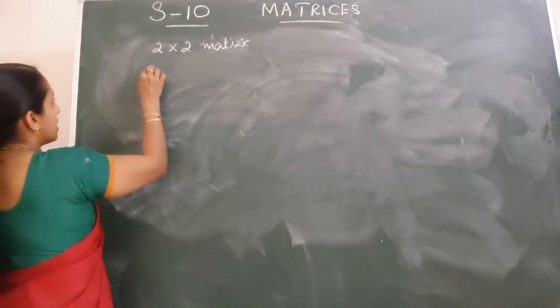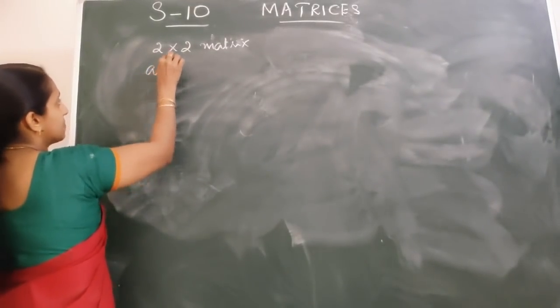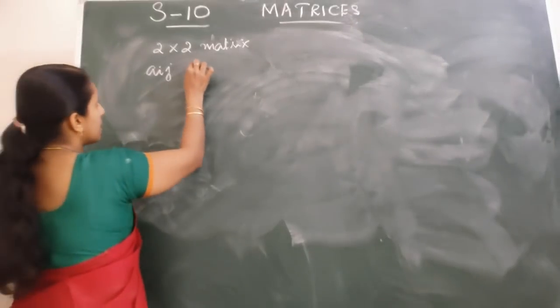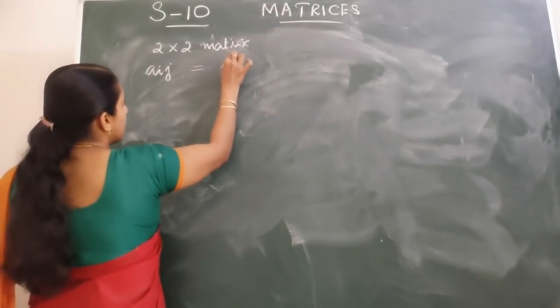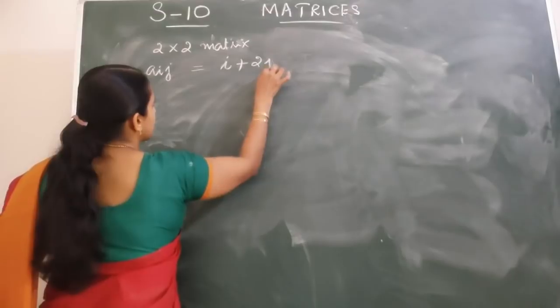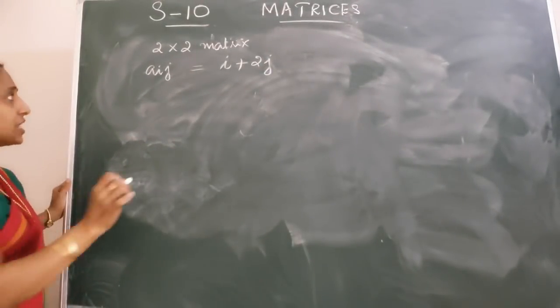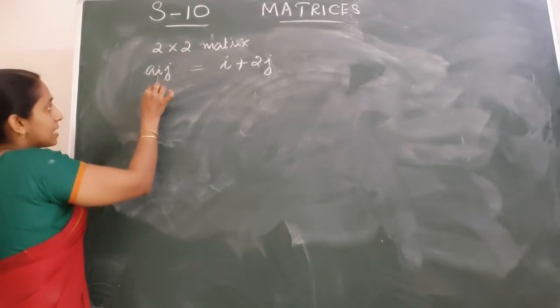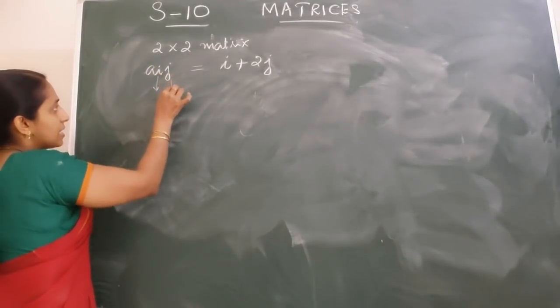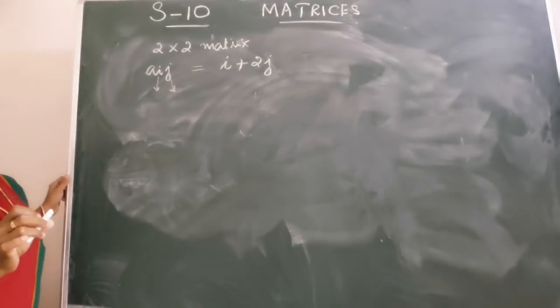Here it is given Aij equals i plus 2j, where i indicates the row and j indicates the column.